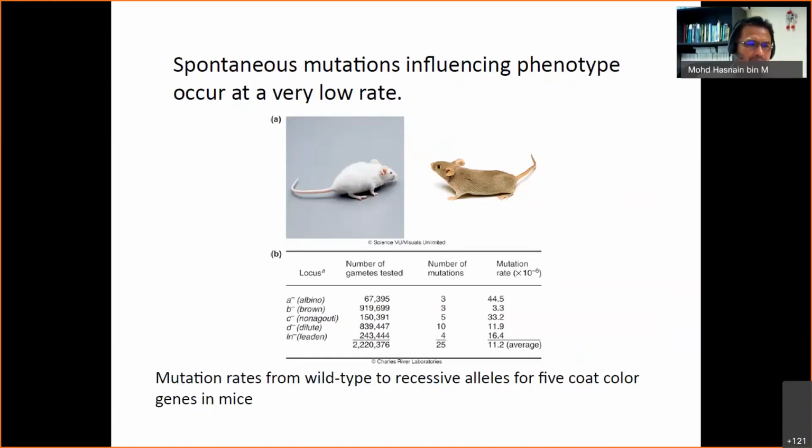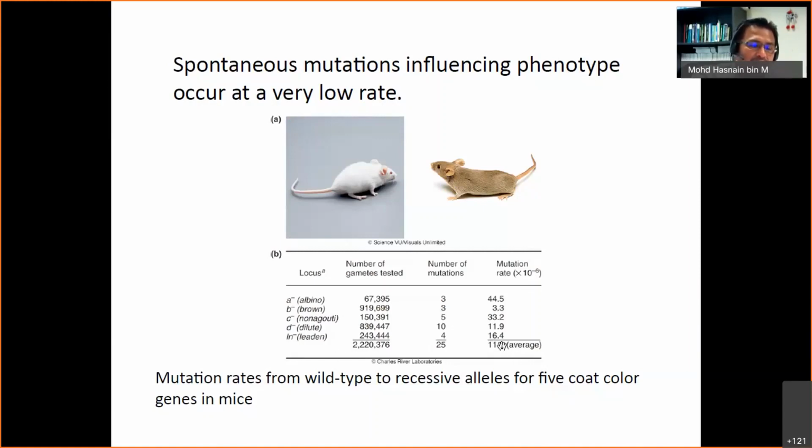For example, here the mutation rate is 11.2 mutations on average for every 10 to the minus 6, one million. That is a mutation rate per number of samples investigated. So this is one way to measure mutation.